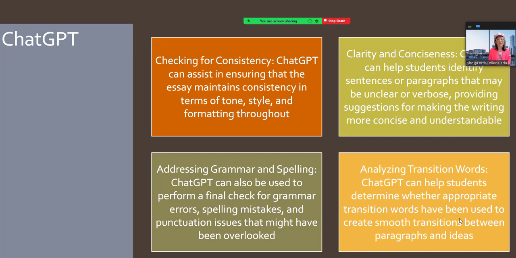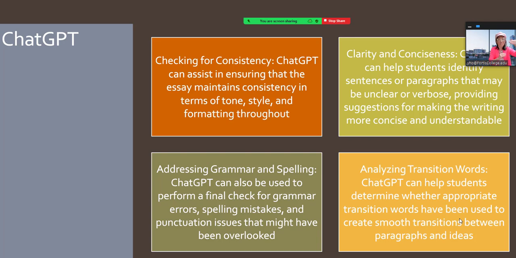Checking for consistency. ChatGPT can assist in ensuring that the essay maintains consistency in terms of tone, style, and formatting. So if you're worried that your essay does not have enough third-person case, and your teacher wants everything in third-person case, but you only know how to write in first-person case, you could ask ChatGPT, transform my first-person case essay into third-person case.